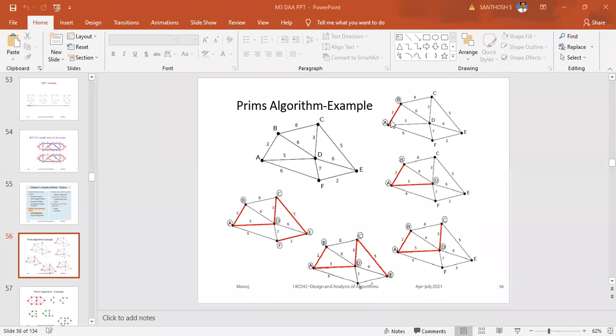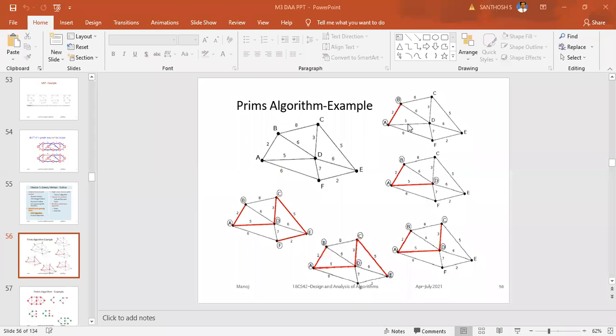Keep in mind, the shortest path is A to B only because it is 2. But the B to A path is already taken. You have to leave this particular path. Apart from that, you have to go with A to D and A to F. According to the concept, the minimum path is A to B only, but since it is already taken, we go with A to D. After 2, you have 5 and 6.